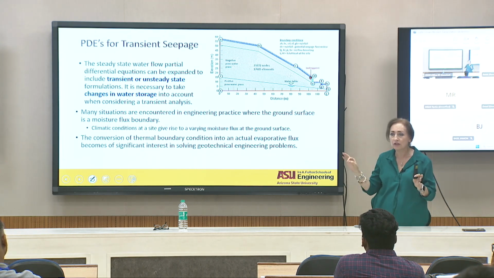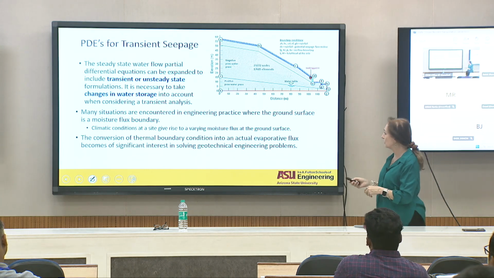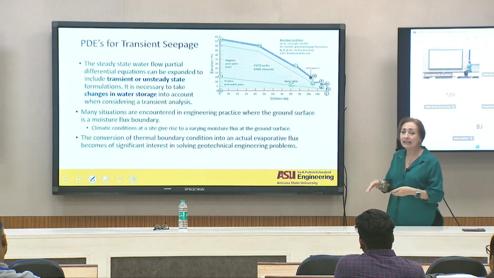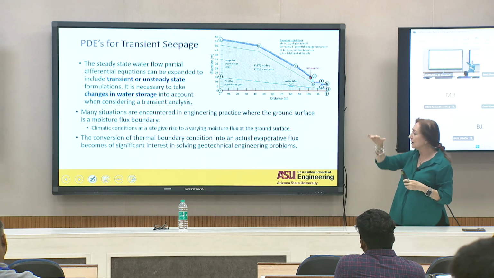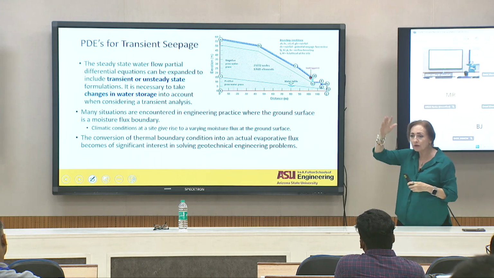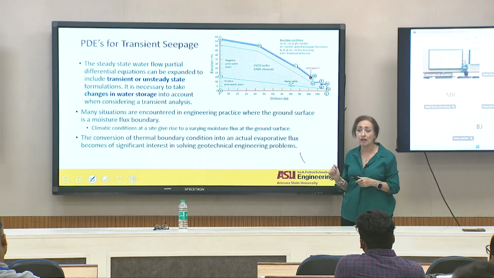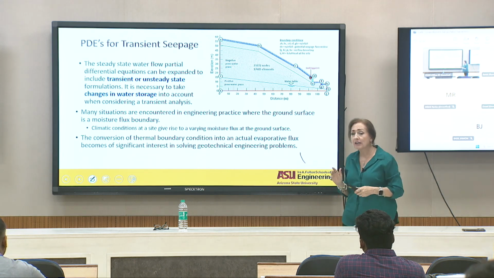Those are the conditions you're allowed to set for every one of those models. And the nice thing is that when you have the cover interacting with the environment, this thermal boundary condition can be an actual evaporation flux, and that's very interesting for us.